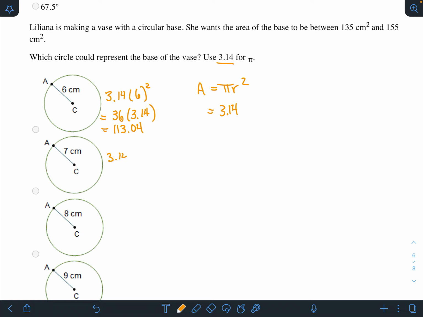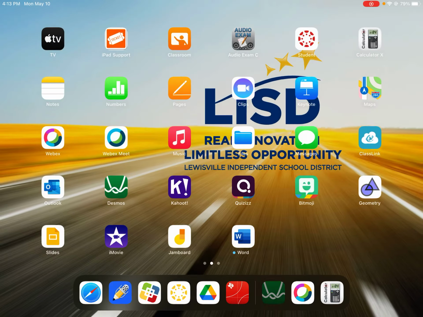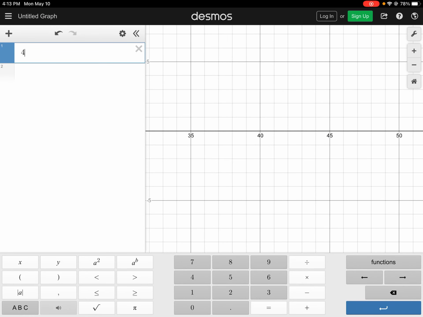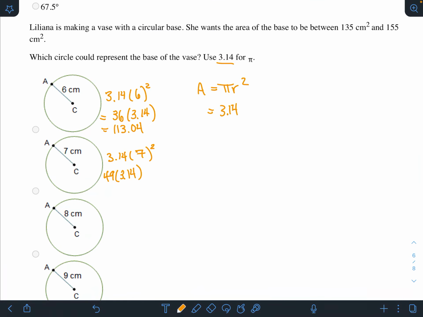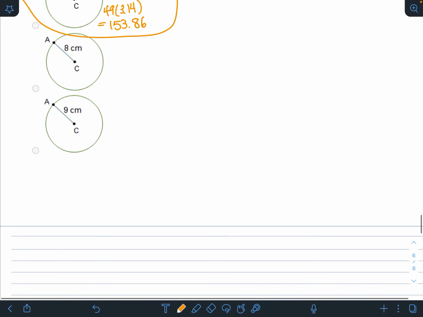I have 3.14 times 7 squared, or 49 times 3.14, which is equal to 153.86. And that falls right in the category. So the second circle right here is going to be an option.